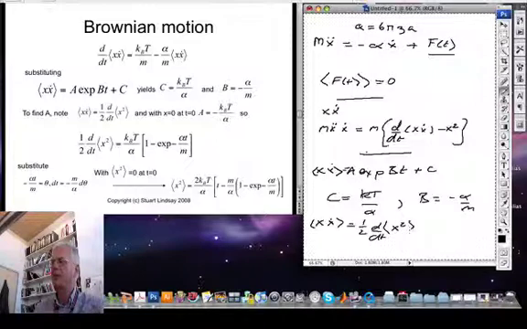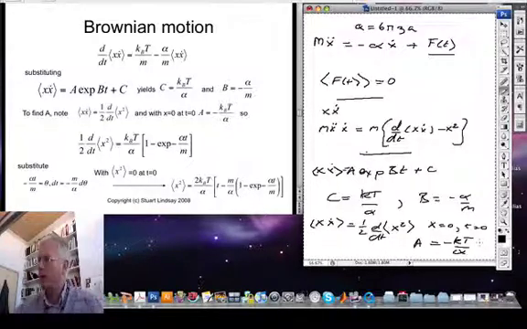You'll see by substitution that this is correct because you get 2 x x dot from taking this derivative. And then we look at this equation subject to the boundary condition that x is 0 at t equals 0. And when we do that, we obtain the result that a is minus kT on alpha.